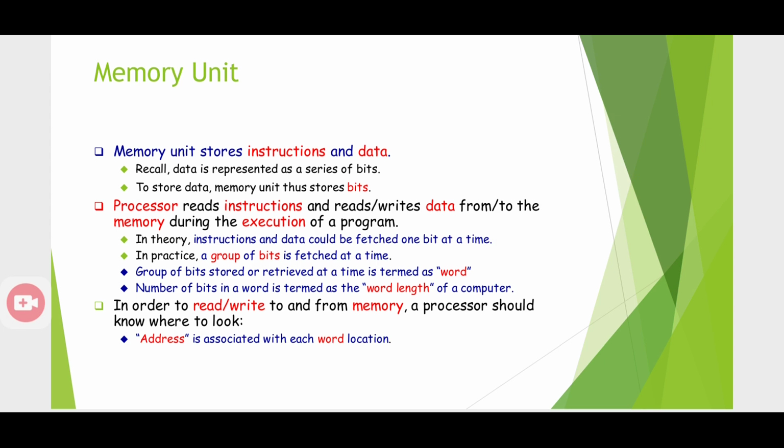For storing instructions and data, the memory is divided into a number of memory cells, and each cell is specified by a number that is known as the memory address. So we use the memory address to store a particular data or instruction into that particular memory cell, or to fetch the instruction or data from the memory. Clear?